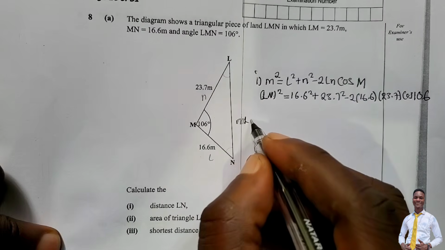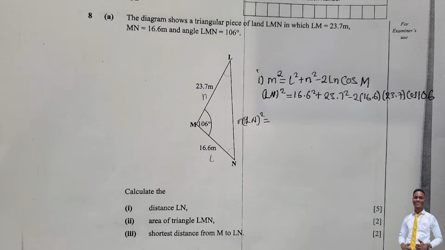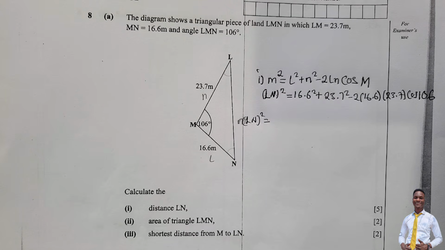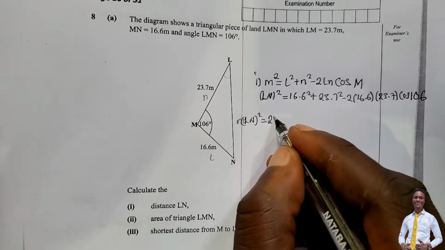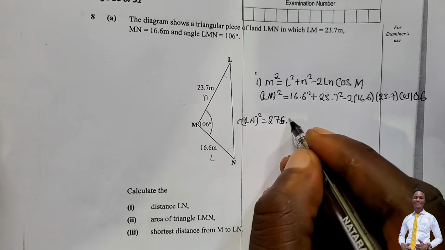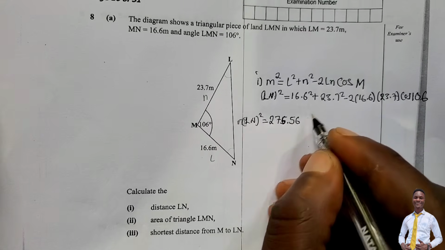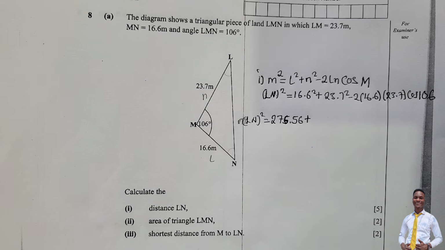So we have LN squared is equal to, what is 16.6 squared? So you follow steps here. 16.6 squared is giving me 275.56, plus what is 23.7 squared?